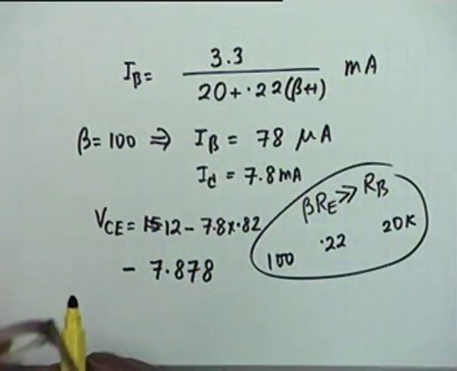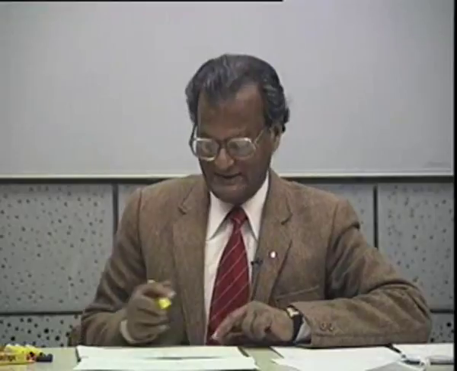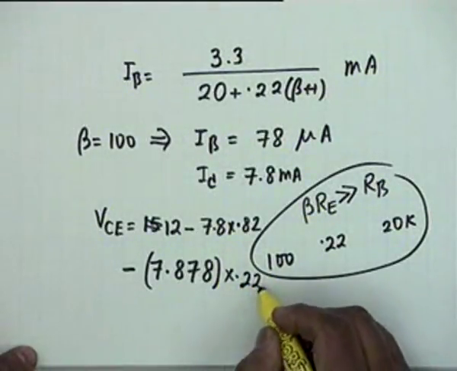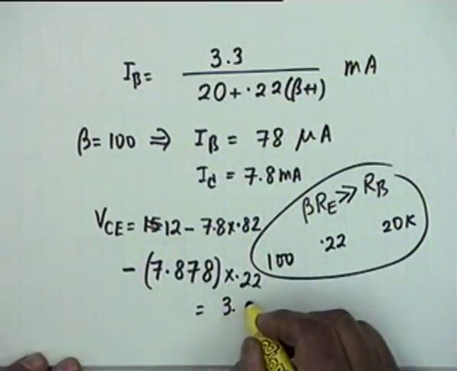Can you see why? Yes, because IB plus IC. This multiplied by 0.22, and this comes out as 3.9 volt.